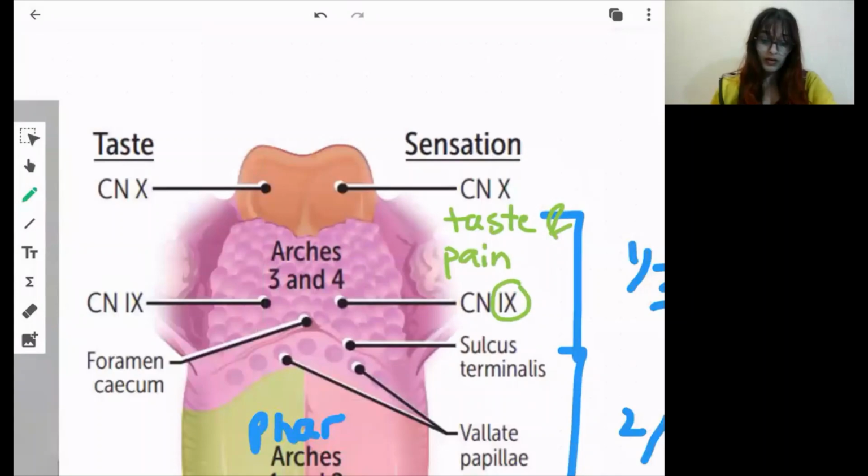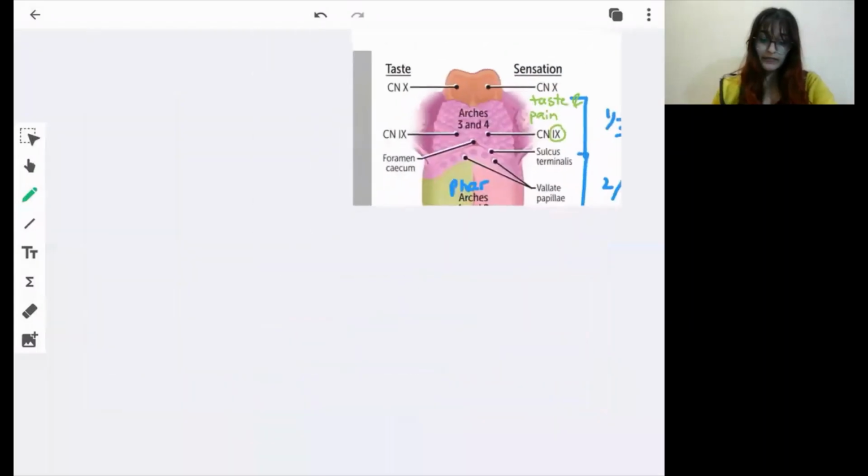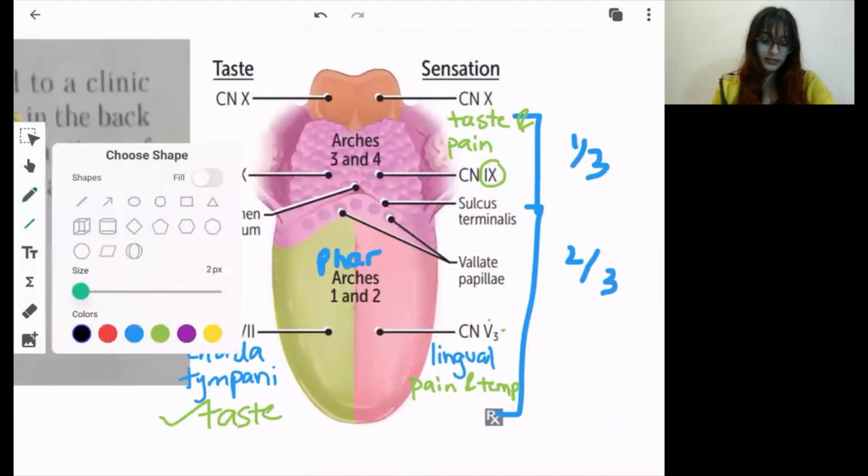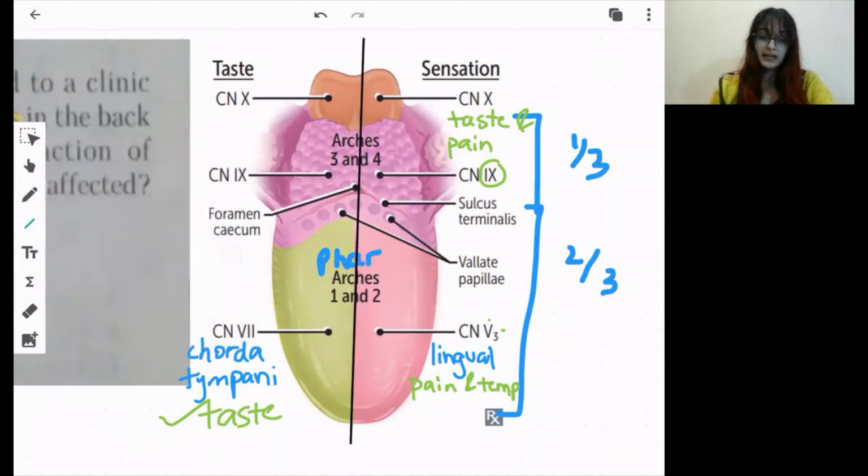Here I got this photo from the First Aid book of Step 1. So basically they have divided the taste and the sensation, so it is easy to understand.